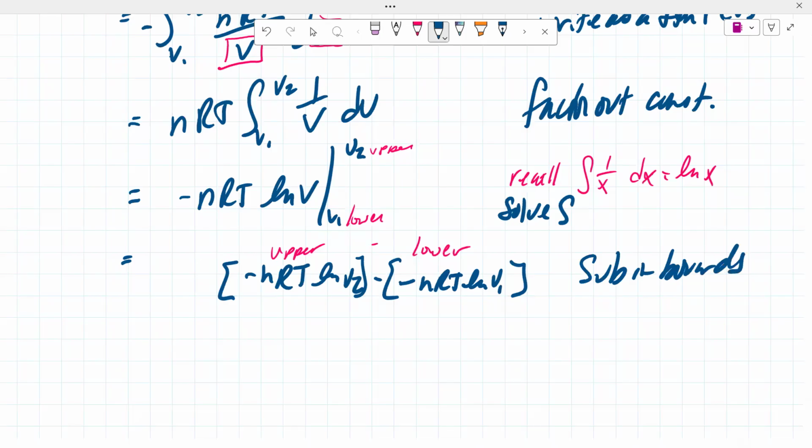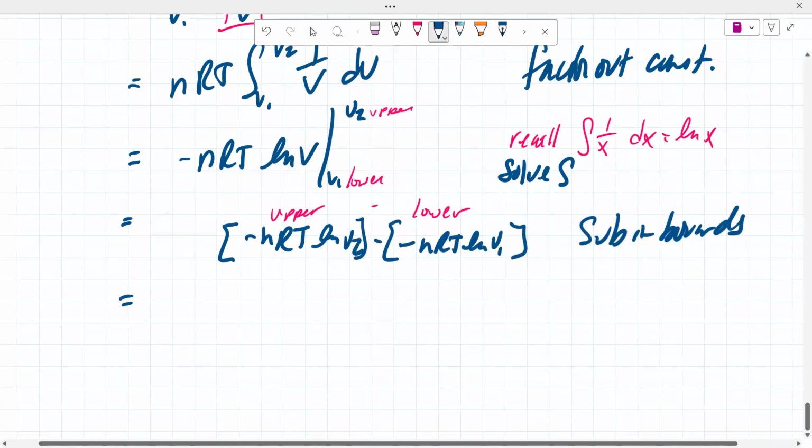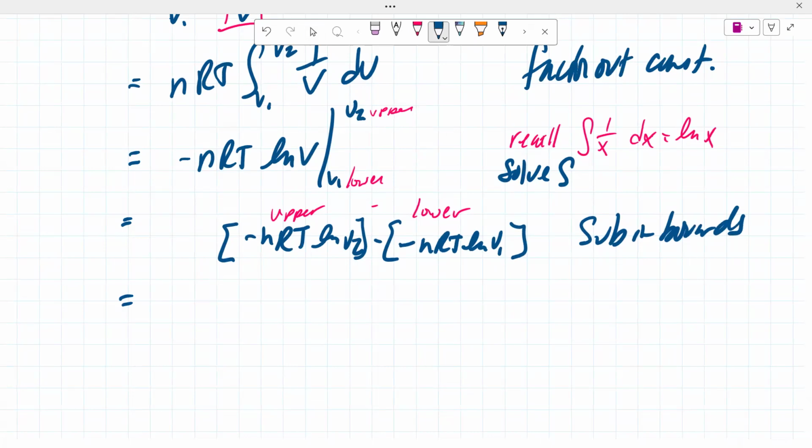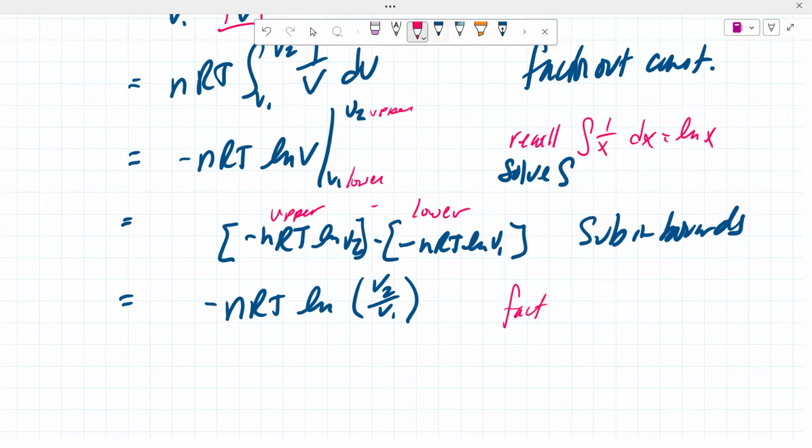Laws of logarithms say that if you have the subtraction of something, you can do it as a division. So that equals negative nRT ln of v2 over v1. This is using the laws of logs.